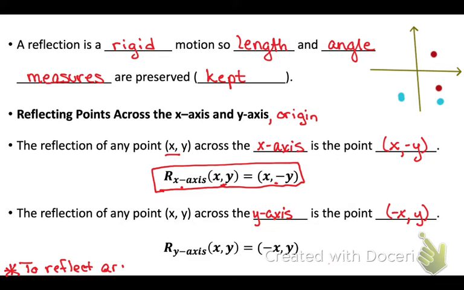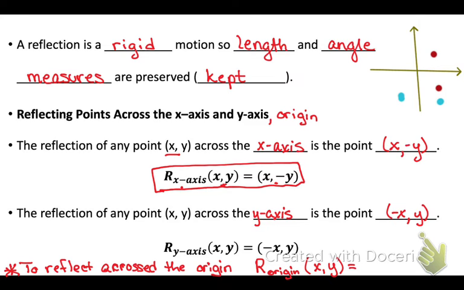Okay, so to reflect across the origin, we have R of origin of x, y.